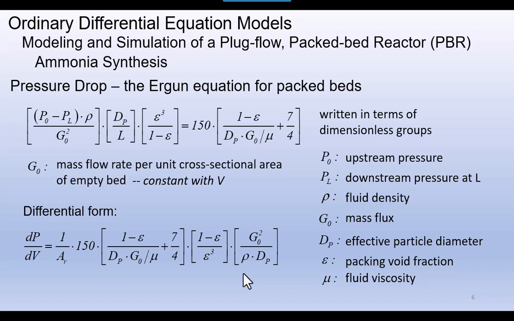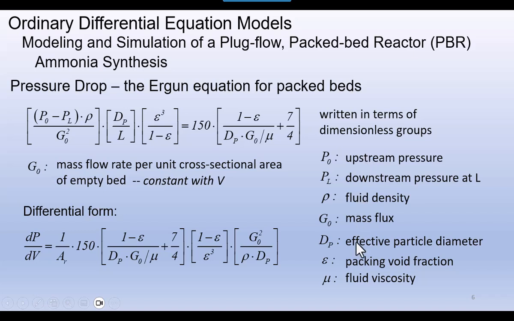And then we see if we're going to model pressure drop. And here, a common equation used to model pressure drop through packed beds is the Ergun equation, and it's given in this somewhat complex form. The one parameter in here, mass flow rate per unit cross-sectional area of an empty bed, is constant with volume as we move down the bed, so that's something that we can determine.